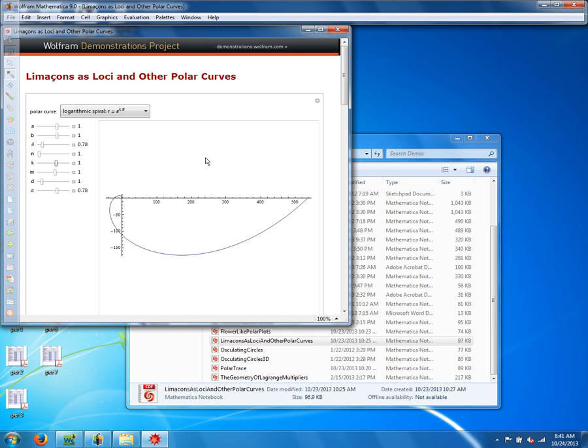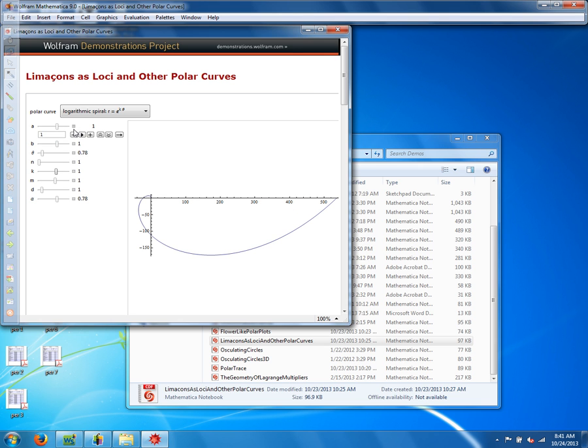Does it let us drag here? Well, I thought this would let us actually make the spiral, our logarithmic. You can drag the k value. Yeah, the k. Let's do the k.